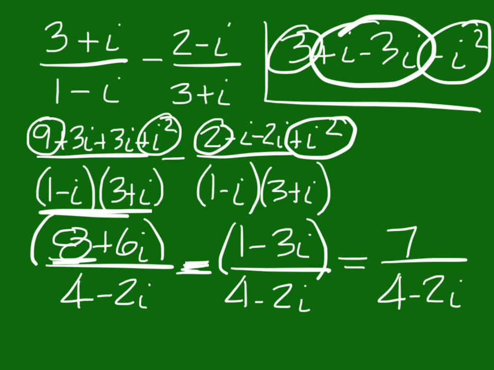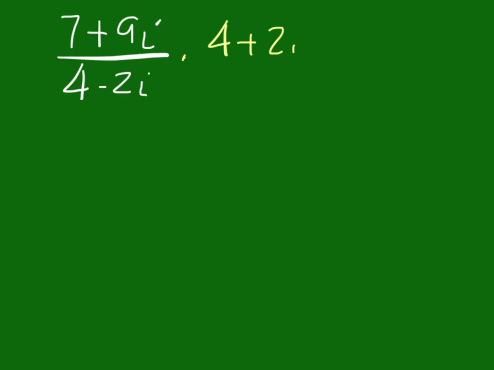And then you'll have 6 minus a negative 3, which is really a 9. So that's plus 9i. Remember that the sign here changes everything inside the second parenthesis. You'll have 7 plus 9i over 4 minus 2i. What do I multiply the top and the bottom by? 4 plus 2i.